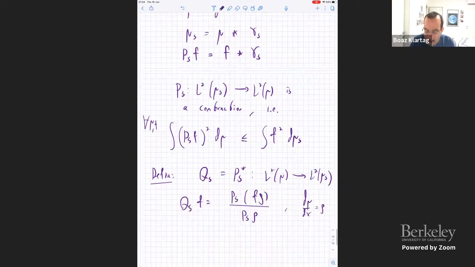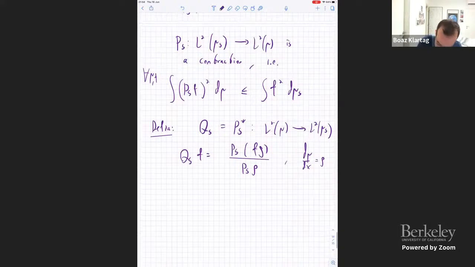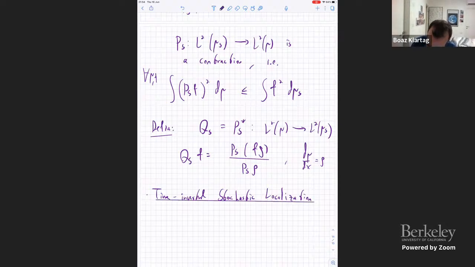Its meaning is through time-inverted stochastic localization. So now let me use this opportunity to tell you about these things. This point of view is from papers that I had with Putterman a bit after Chen's result.